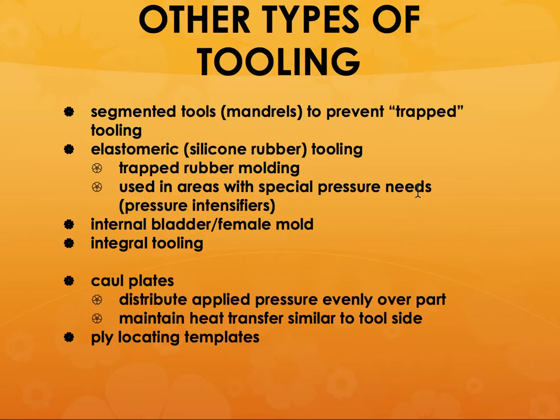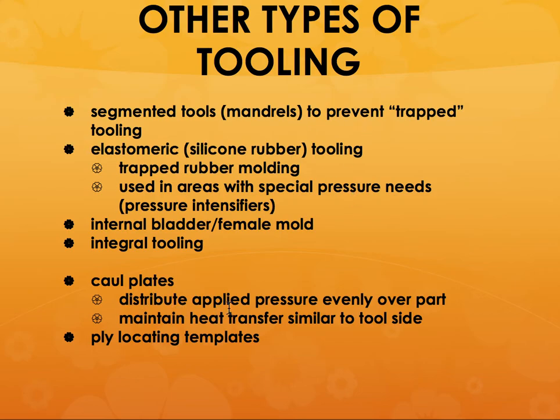So there are areas where you have no way of applying any kind of pressure. You need some kind of pressure in order for you to compress the composite layers. So by having this bladder, and you apply some kind of a gas inside that bladder, and it expands and just keeps the composite layers in place.